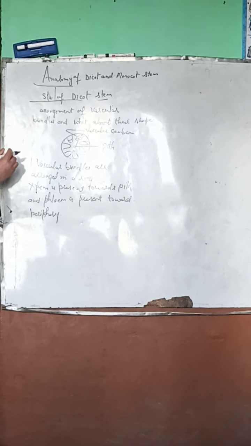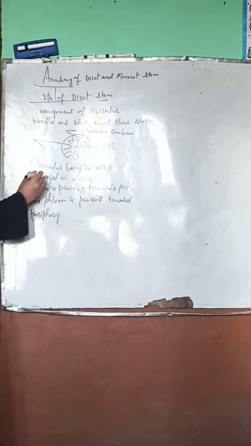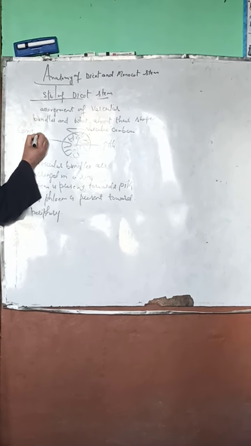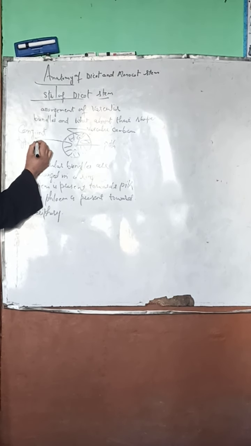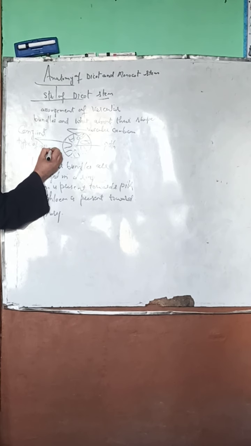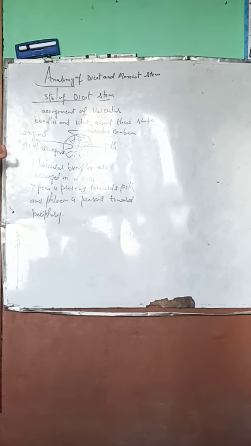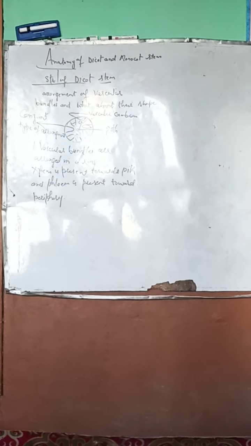So this arrangement we can say is conjoint type of arrangement. We can say there is conjoint type of arrangement because xylem is present towards pith and phloem is present towards periphery.